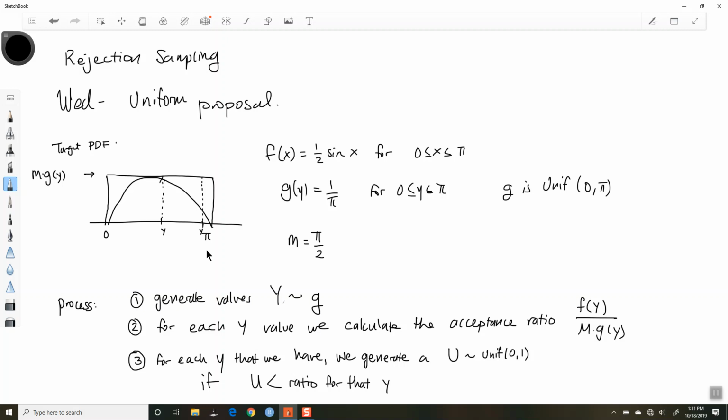If you got a different y that's produced and you're not sure if you should keep it or not, you calculate the acceptance ratio. Maybe the acceptance ratio is 95%. You generate a random u, and u will be less than 95% 95% of the time. And so if u is less than that ratio, keep the y. Otherwise, we reject it, we throw it away.